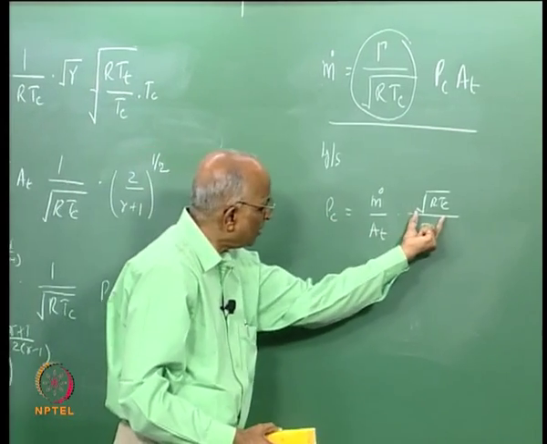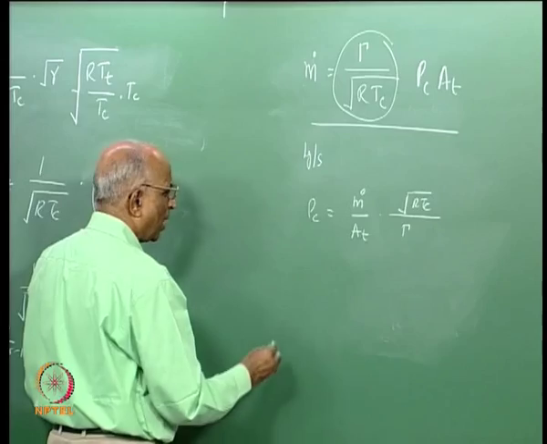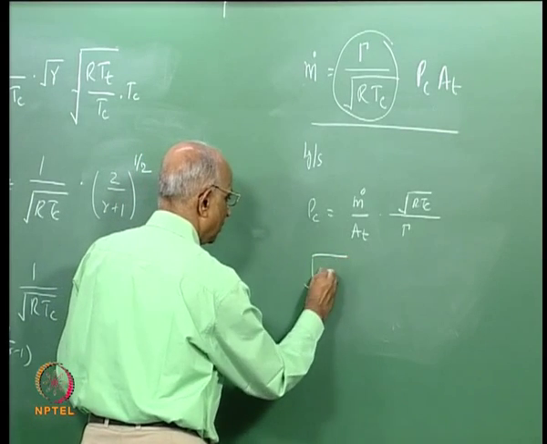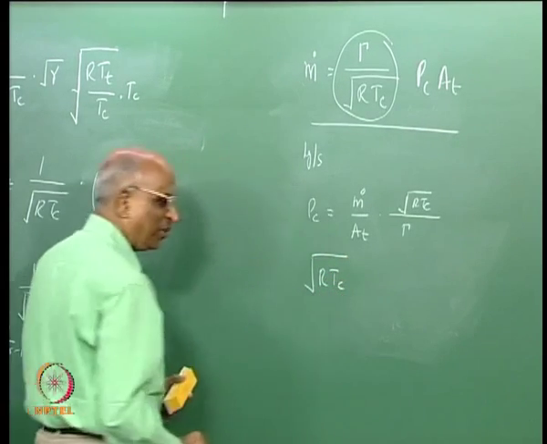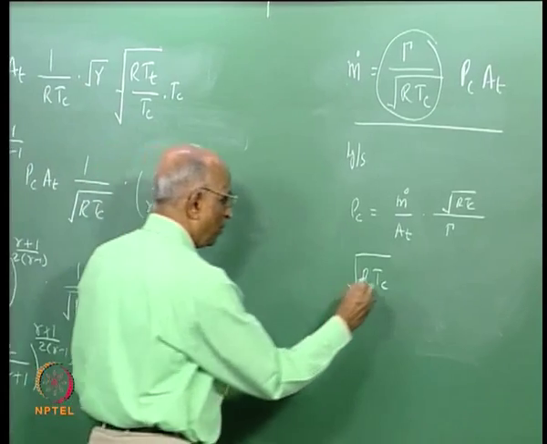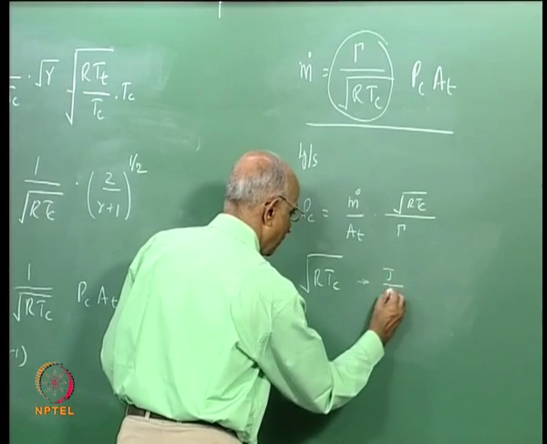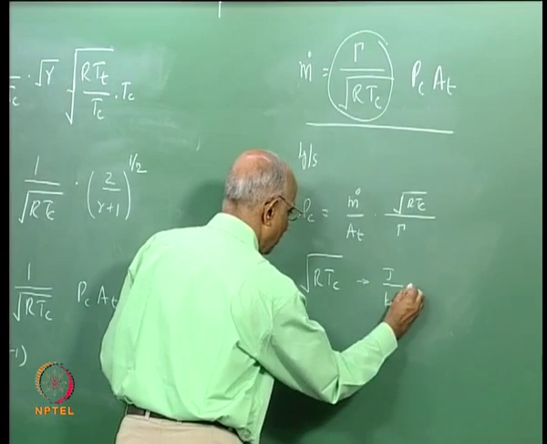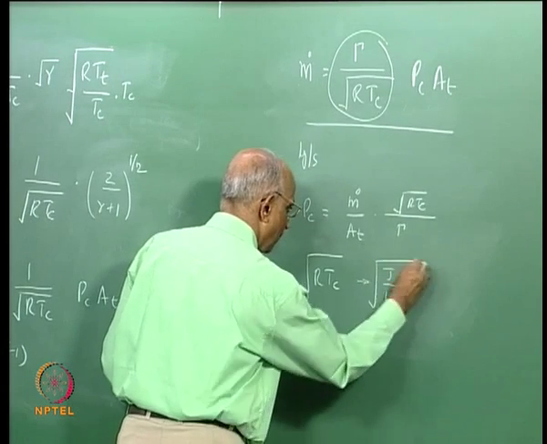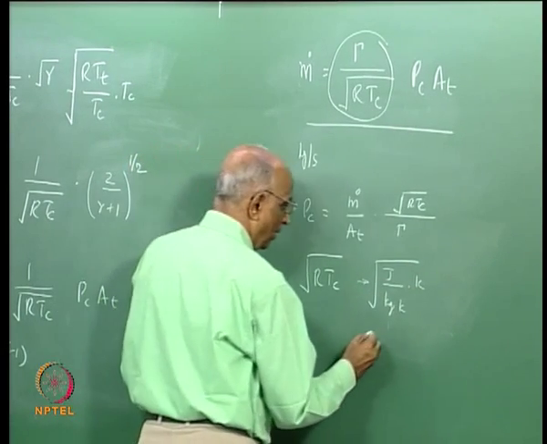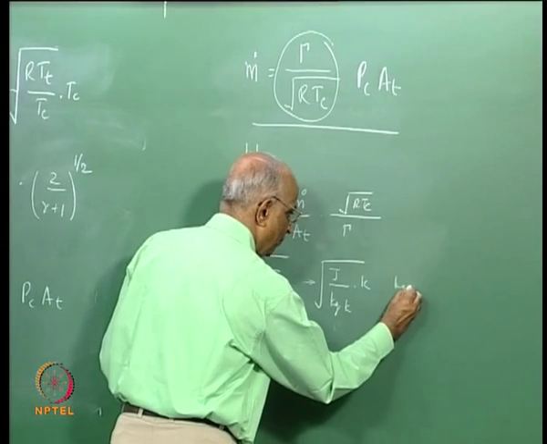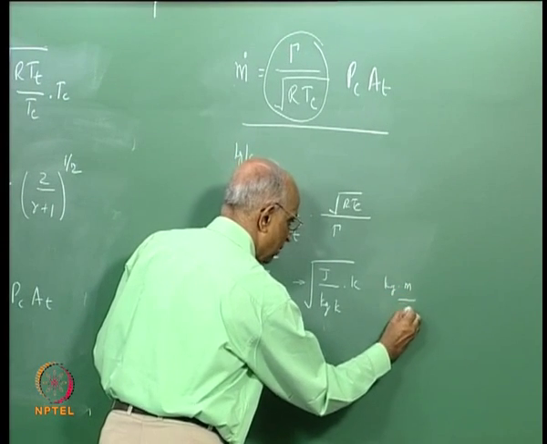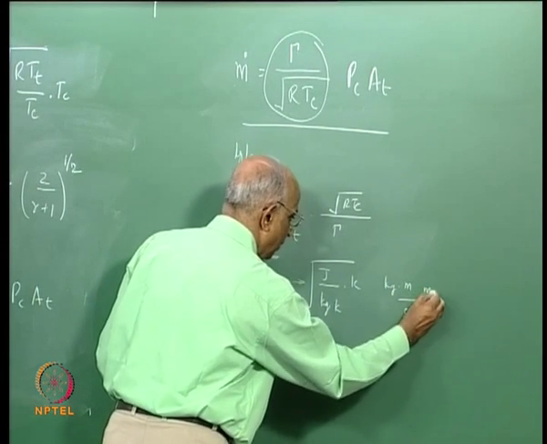And what is the value? Let us see the unit of under root RTC. What is the unit of RTC? Joule per kilogram Kelvin into Kelvin, under root. Joule is Newton meter and Newton meter is equal to kilogram meter per second square into meter.